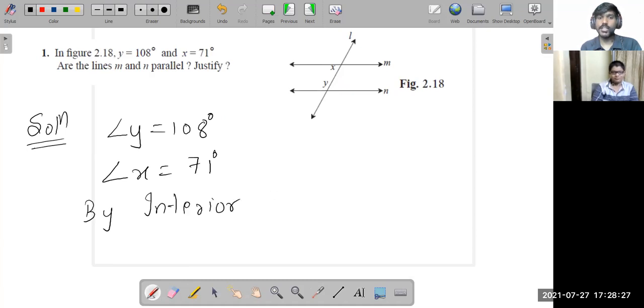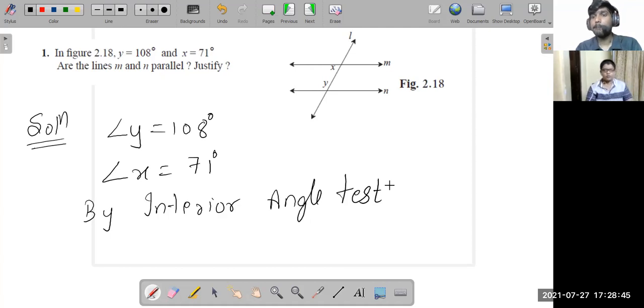What does the interior angle test tell you? What you have to check is if the interior angles are supplementary.